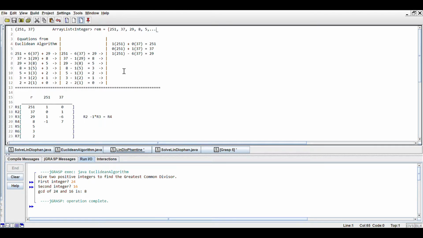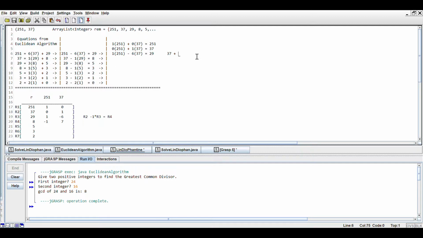So that series is essential to the workings of this method. After we solve each equation for the remainder, then we have to write it in terms of 251 and 37. And we include at the beginning equations that make 251 and 37. So that's 1 times 251 plus 0 times 37, and then 0 times 251 plus 1 times 37.